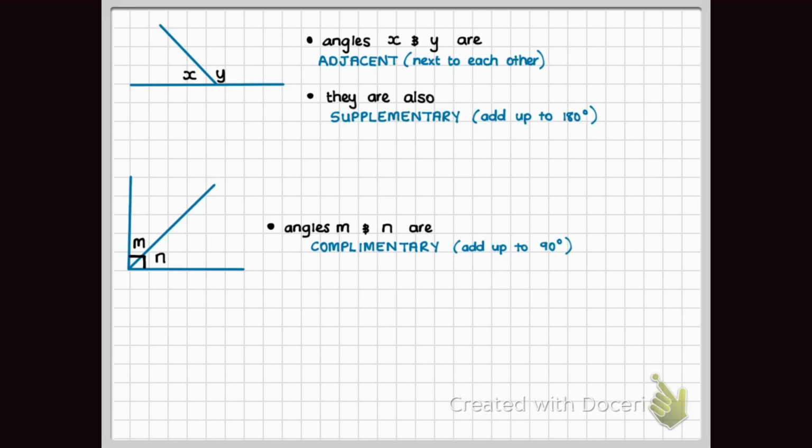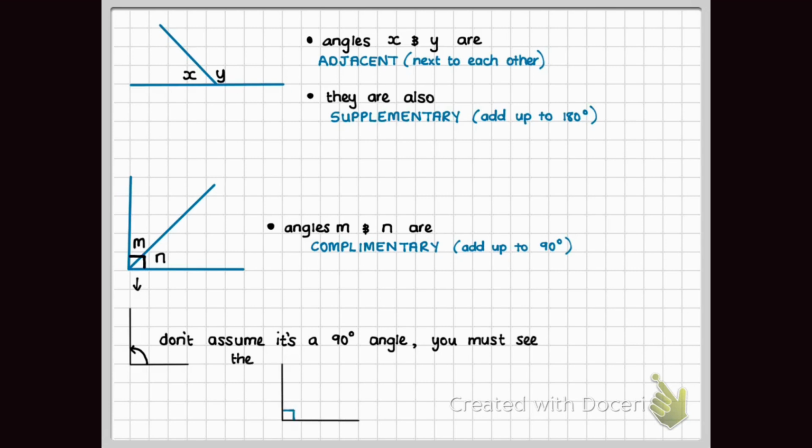And it's important to notice that you should not just assume that an angle is going to be 90 degrees. We're actually looking for a specific symbol that tells us that it's 90 degrees, and the symbol that we are looking for is that block.